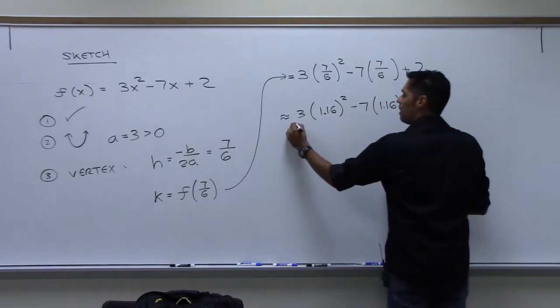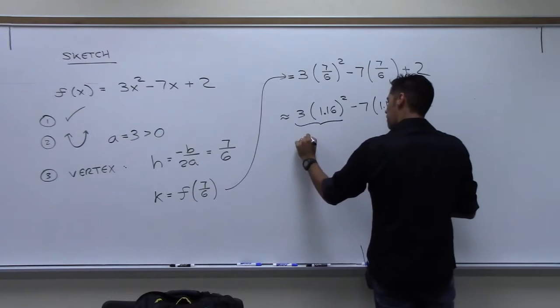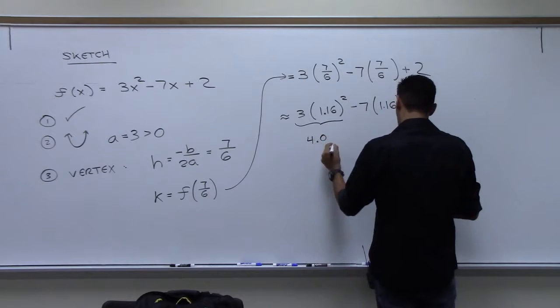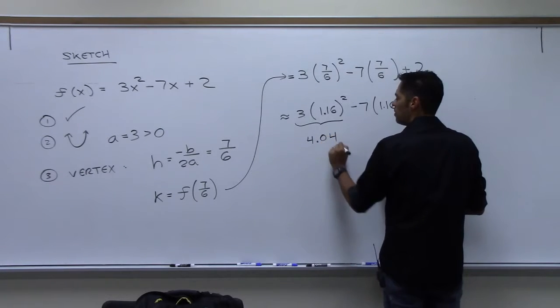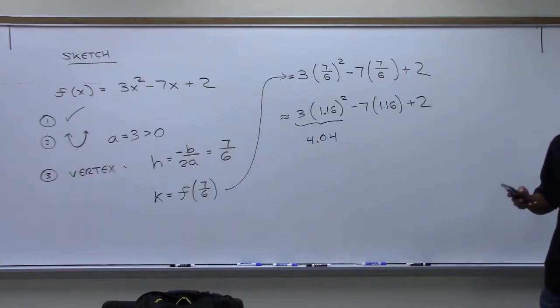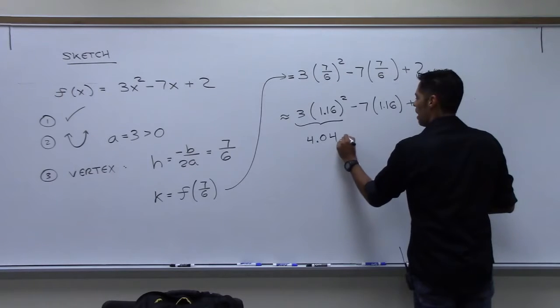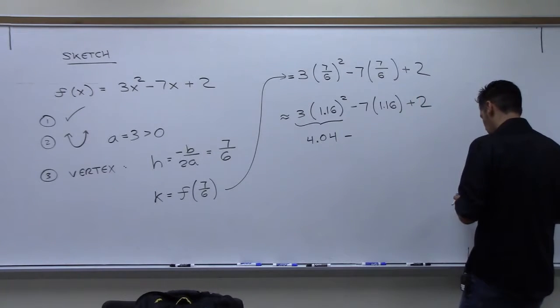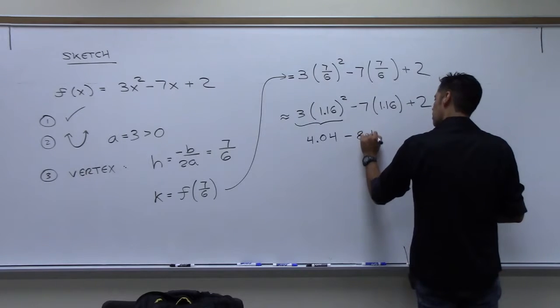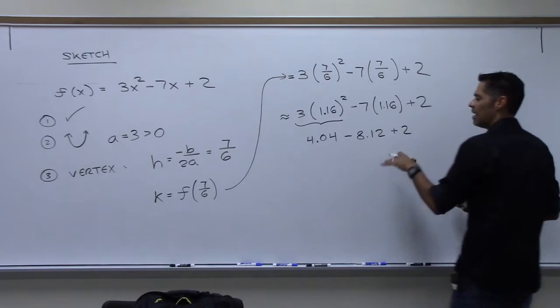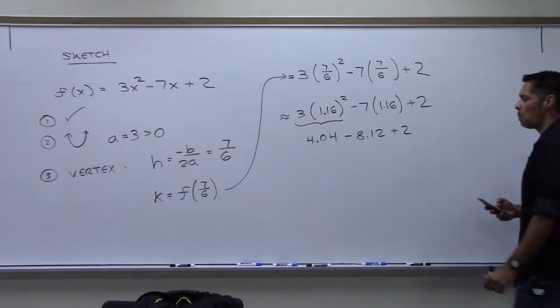When I do this part, I get 4.0368. You could say 4.04, that's good enough, or 4.03. That's not going to affect the answer too much. Minus 7 times 1.16, about 8.12, plus 2. That's the ballpark of what it is.